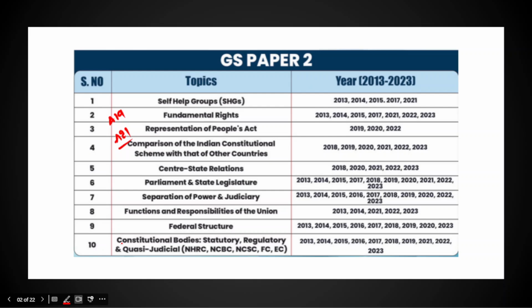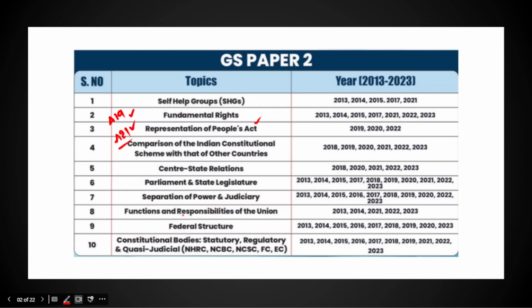Over a period of time, through the interpretations of the judiciary, particularly the Supreme Court, a number of rights have been included in Article 21. One example is the Puttaswamy judgment, in which the Supreme Court included the right to privacy as a fundamental right. Therefore, fundamental rights are a very important topic, and in fact a number of questions are asked from this topic.